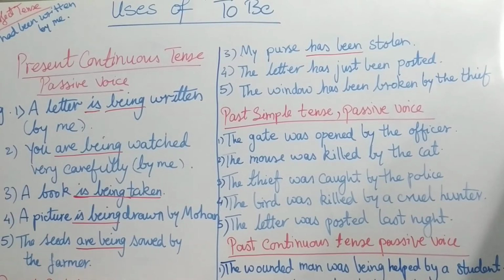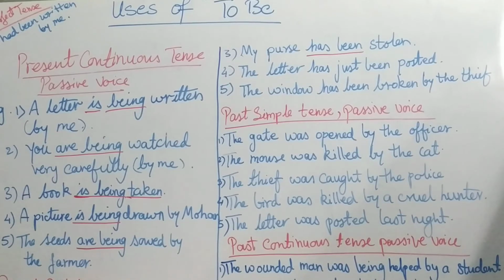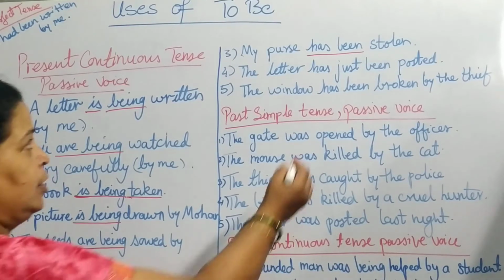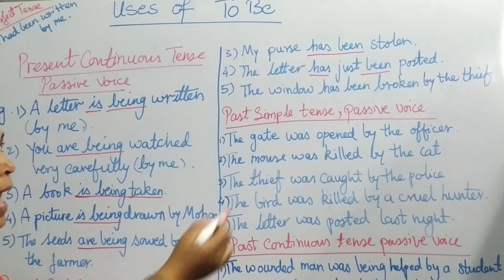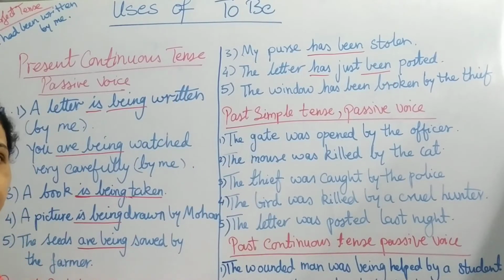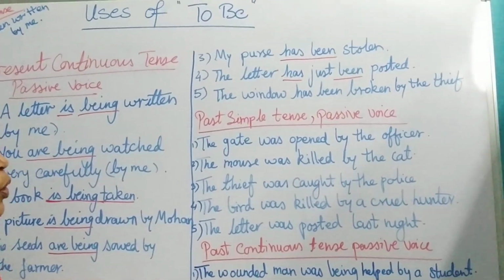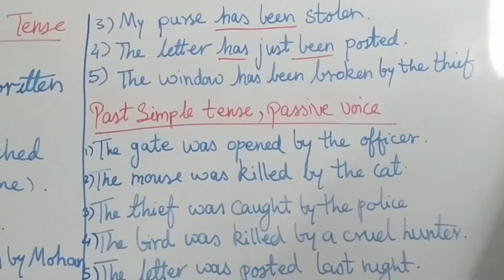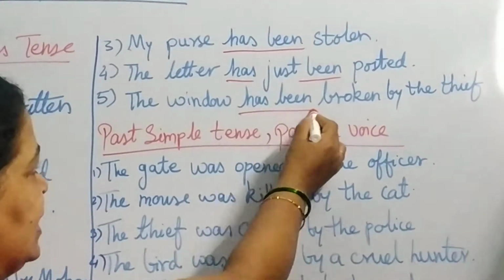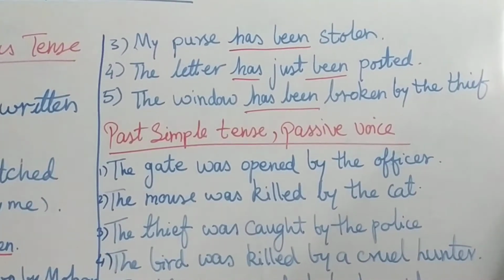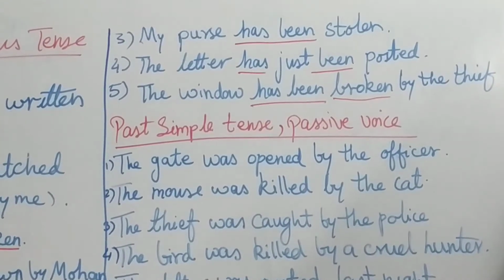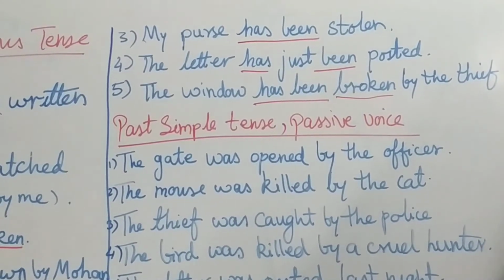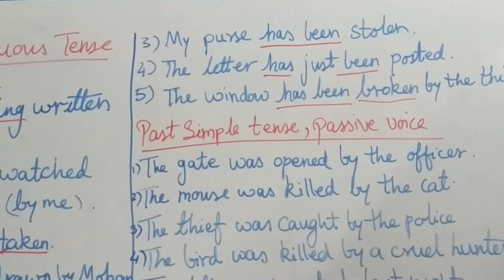Then next sentence, the letter has just been posted. So has been helping verb and posted past participle of to post. Last sentence, the window has been broken by the thief. So has been helping verb and broken past participle of to break. Okay, so that was present perfect tense, passive voice.